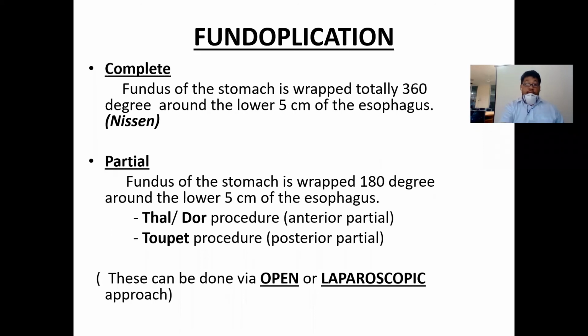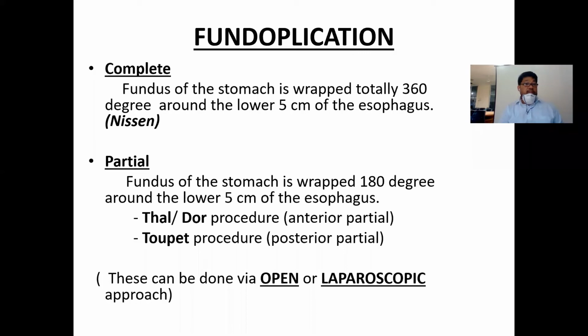We have two types of fundoplication. First is the complete type of fundoplication and another is partial. Complete fundoplication is also known as Nissen's fundoplication. Here the fundus of the stomach is wrapped totally 360 degrees around the lower 5 centimeters of the esophagus.